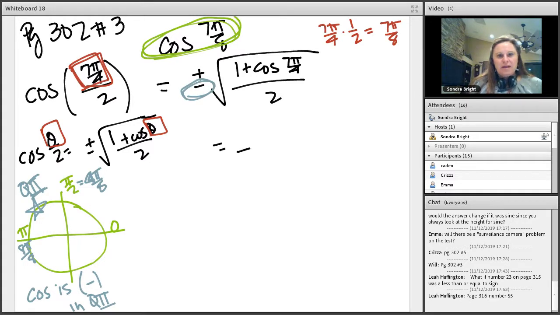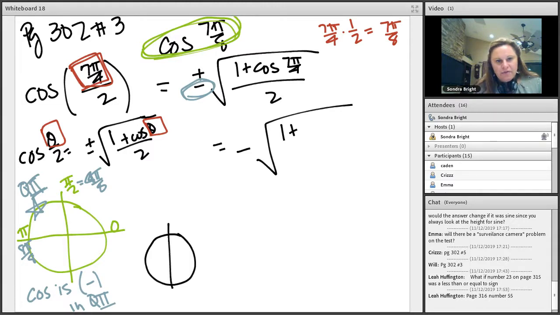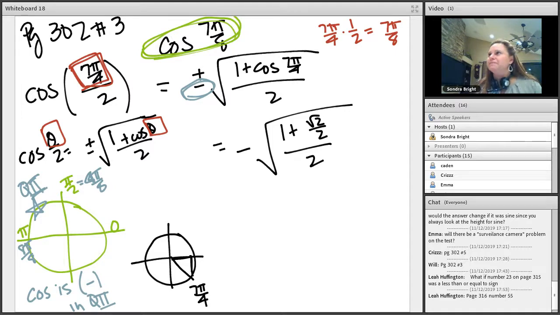So I've got negative square root of 1 plus cosine of 7 pi over 4. 7 pi over 4 is here. So cosine would be a positive rad 2 over 2. I'm almost done. I'm on the last problem.